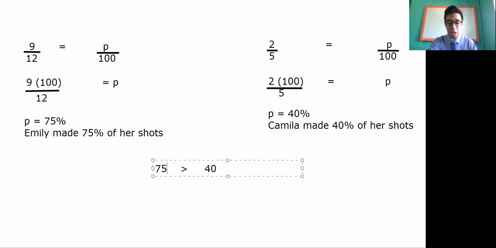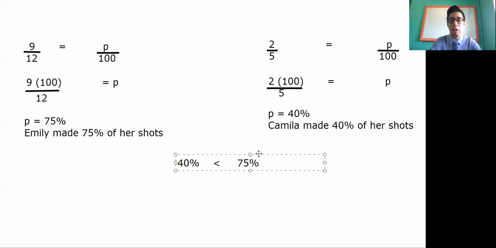We can write it in the opposite if you want, because they are asking you if the percent of shots Camila made. So we're going to change this to less. It's the same, okay? Only that I want to show you in the way the book asks you. The book asks you to put Camila first because we want to compare Camila with Emily.